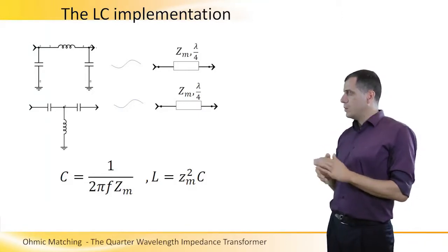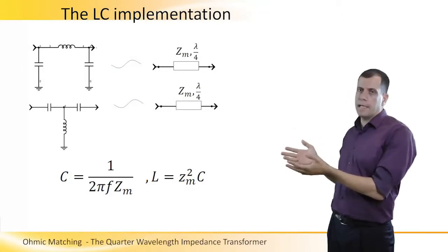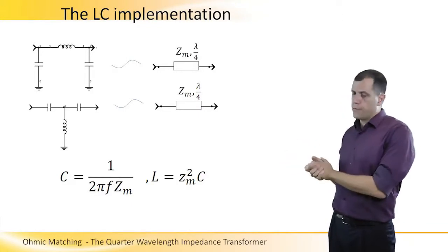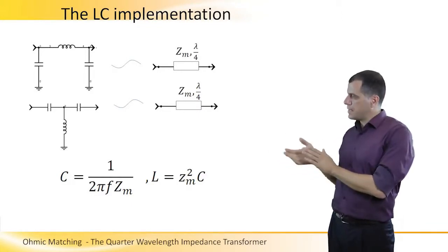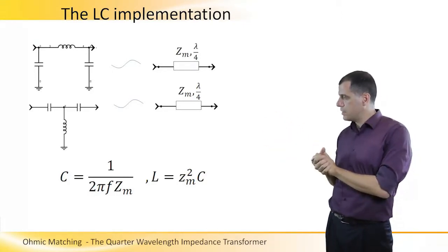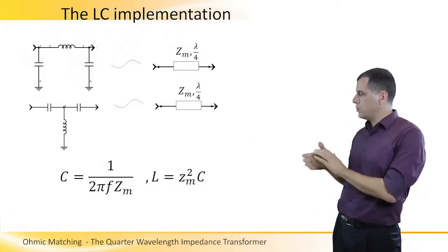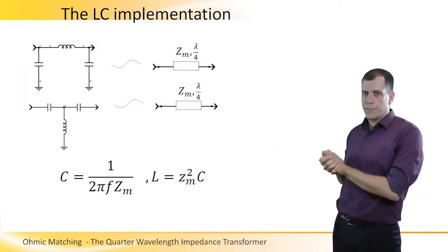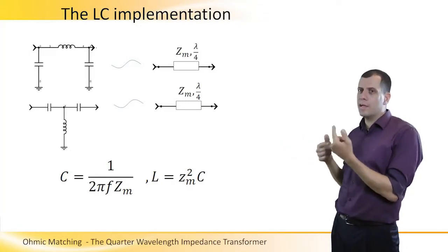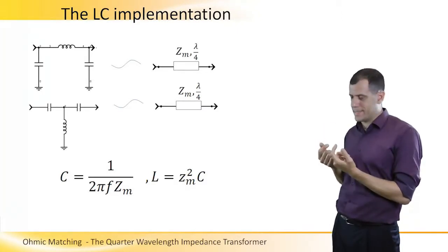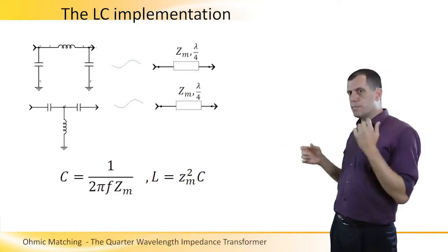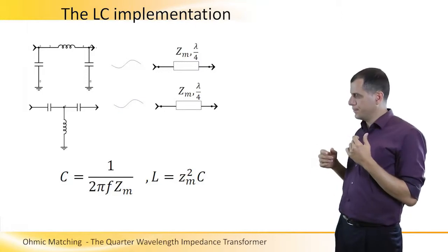And what is the connection between the lumped element scheme and the distributed model? This is the formula that we have here. In both diagrams, the capacitor has to be, according to this formula, 1 divided by 2 pi F Zm, where Zm is the impedance of the quarter wavelength that you would have wanted to design, and the inductor is Zm squared multiplied by the capacitor that we have just calculated.